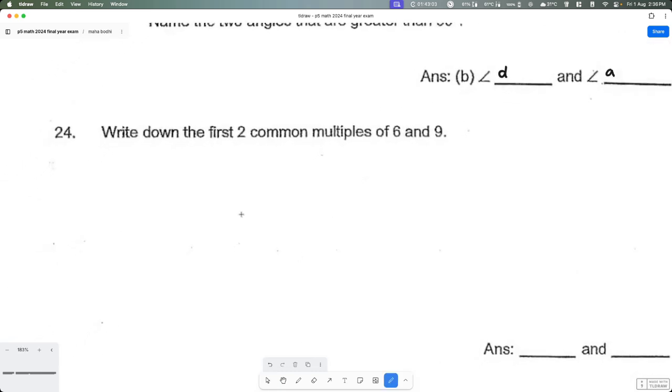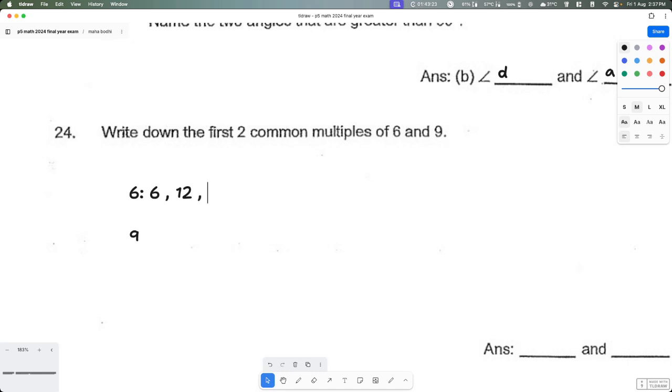Write down the first two common multiples of 6 and 9. So we can list down 6 and then we list down 9. For 6, you can list down 6, 12, 18. For 9, you have 9 and then 18.